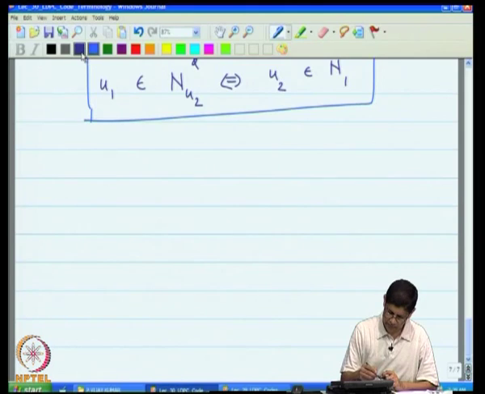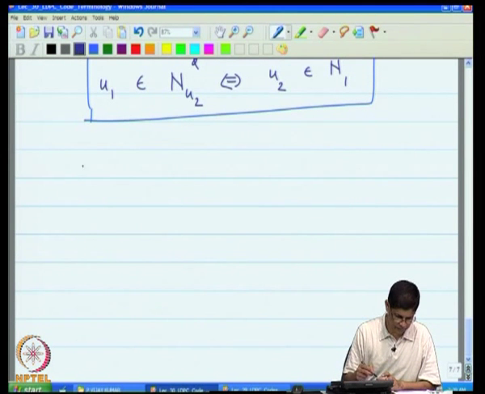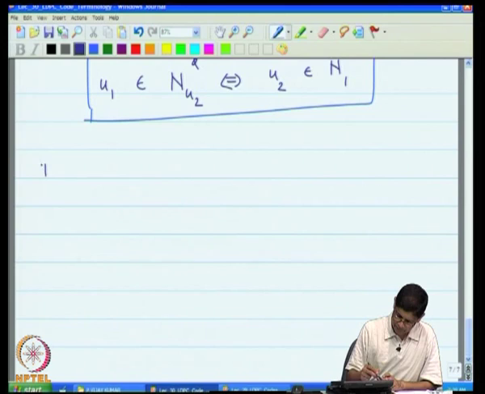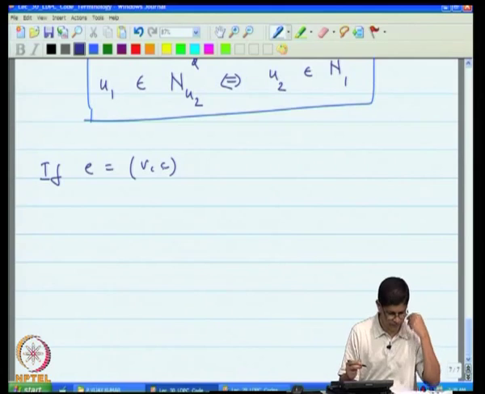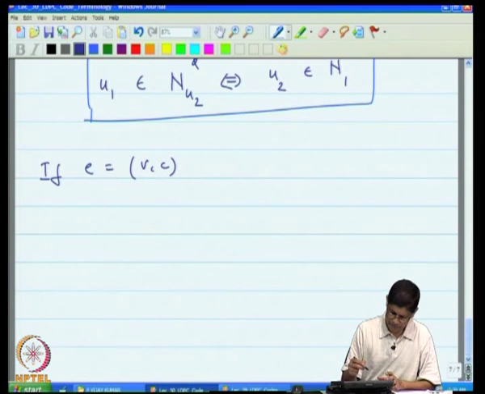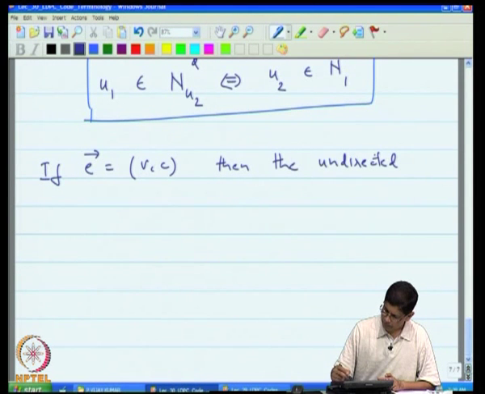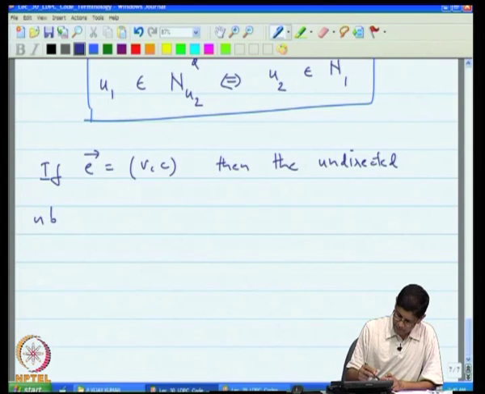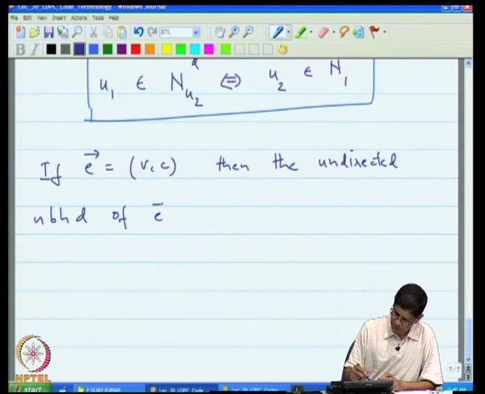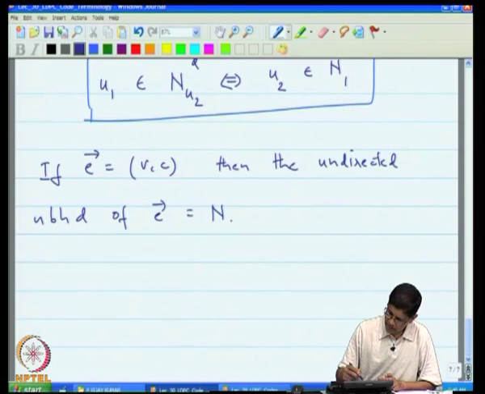Now, in a similar fashion, if E is an edge (u, v), then the undirected neighborhood of E is N_u union N_v.